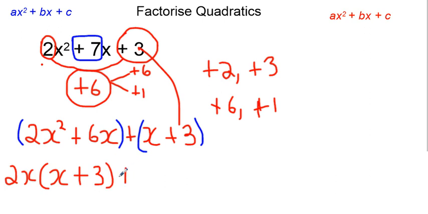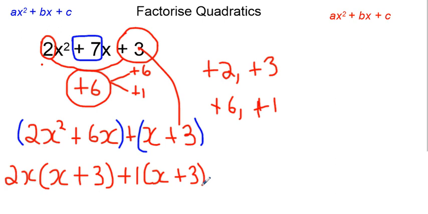Plus, what's common in this bracket? We're going to factorize this mini bracket. There's nothing common, so we make it 1, so that bracket stays the same. X plus 3.